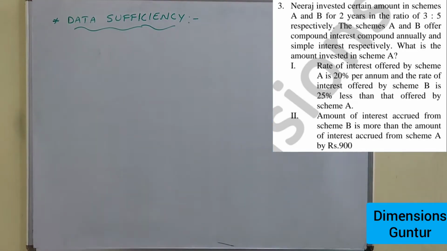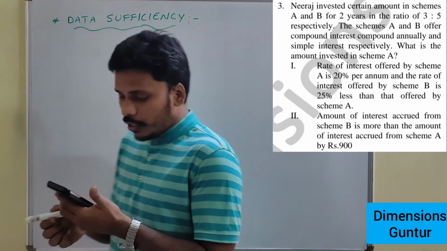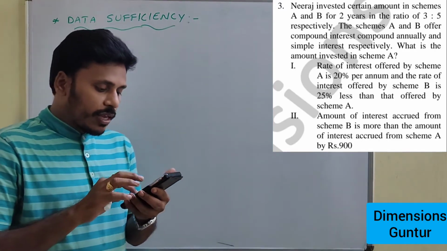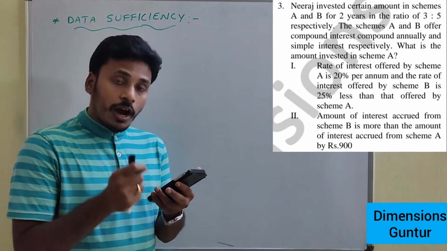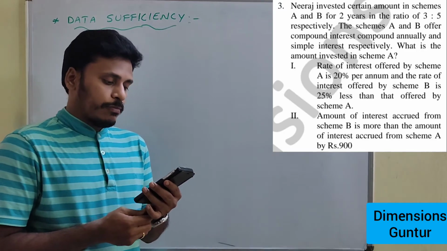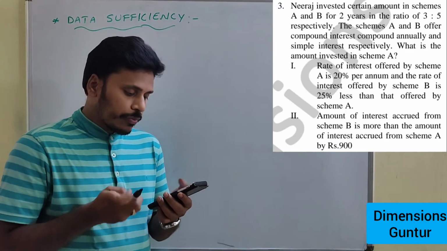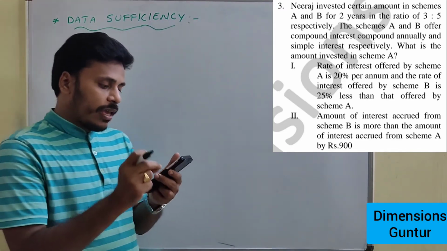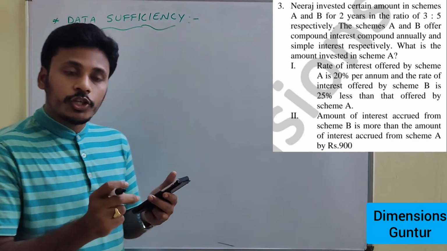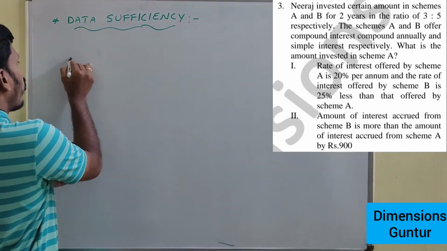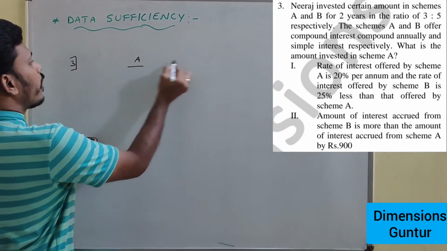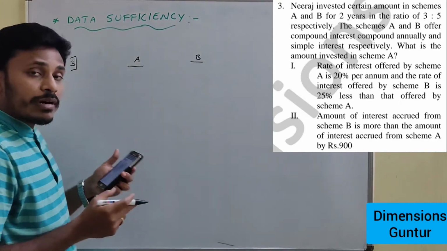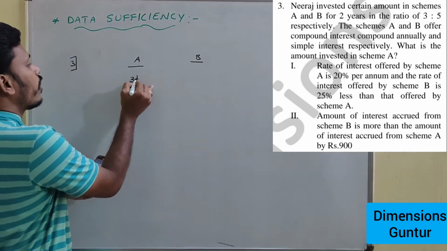Neeraj invested a certain amount in schemes A and B for 2 years in the ratio of 3:5 respectively. Scheme A offers compound interest compounded annually and scheme B offers simple interest. So in the third problem, we have two schemes, scheme A and scheme B, and the person Neeraj invested some amounts in the ratio 3:5.